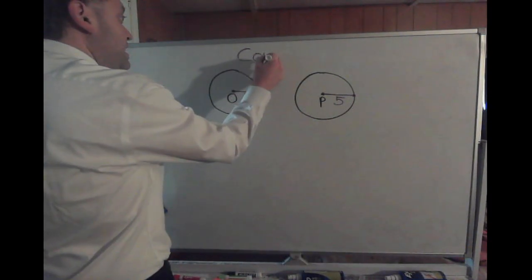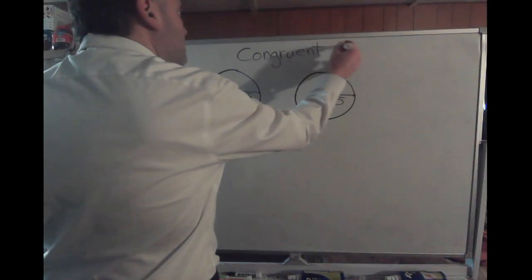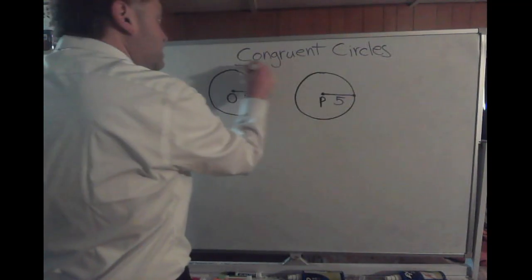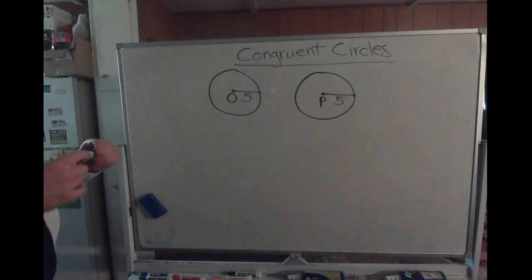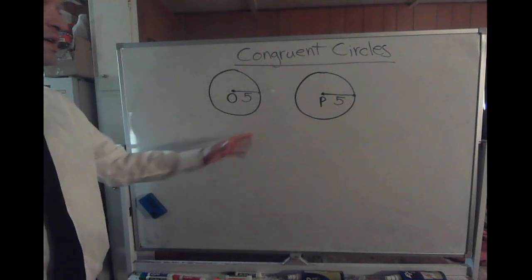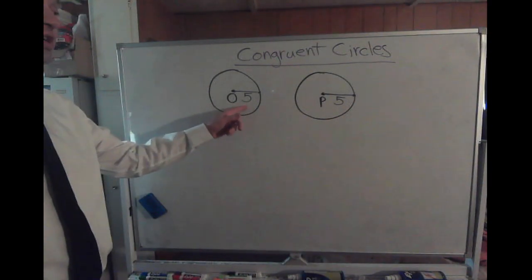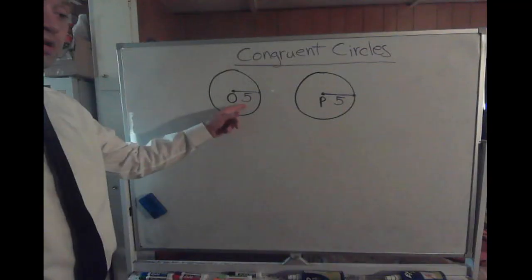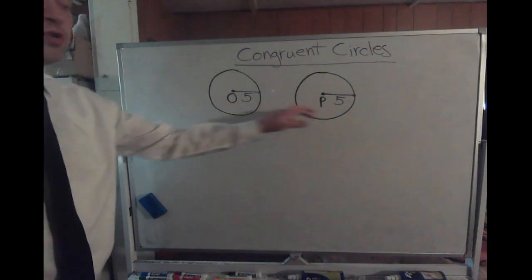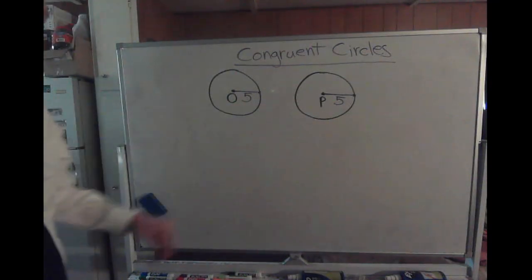So congruent circles are two or more circles that have the same radius. They have congruent radii. So if the radius of one circle is congruent to another circle, then the circles are congruent. So that's just the definition of congruent circles.